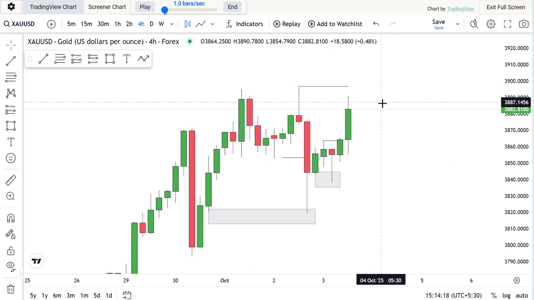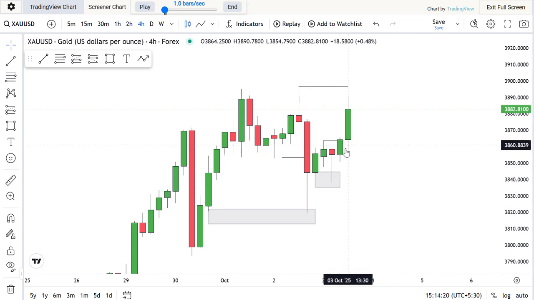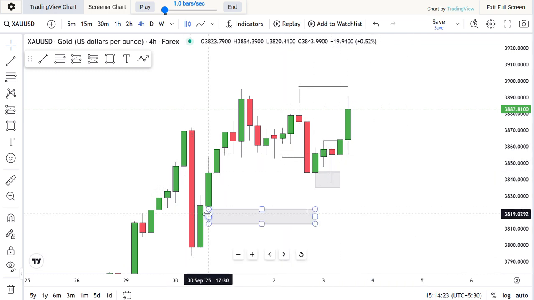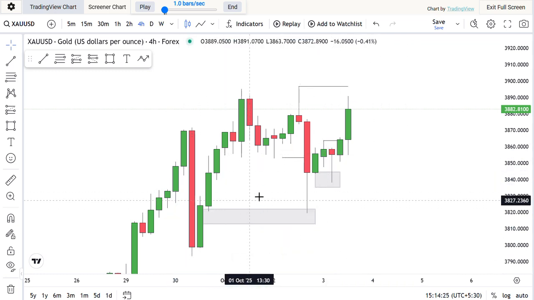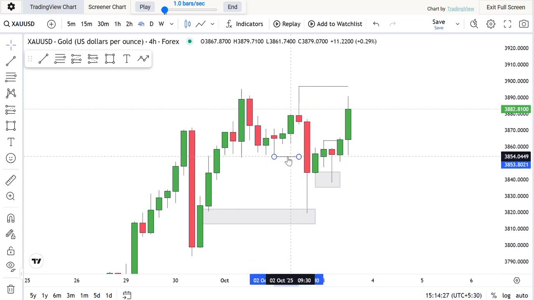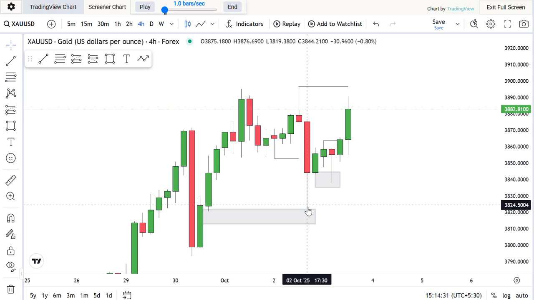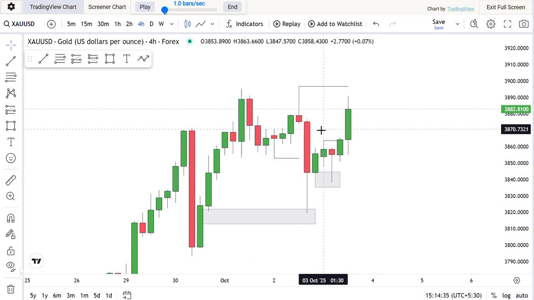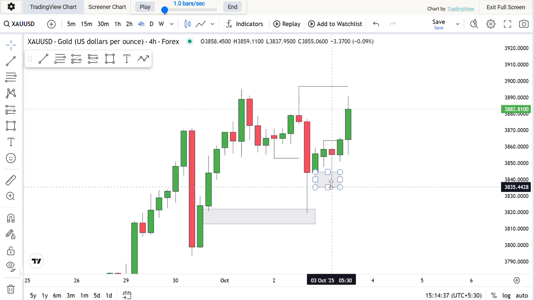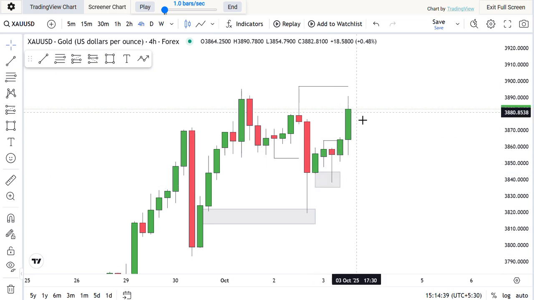We see that price has already tapped here according to what we know. It has tapped in here, gone here, tapped here, gone up here, tapped into this, went up here, and went up here.